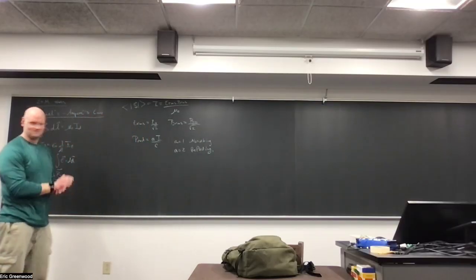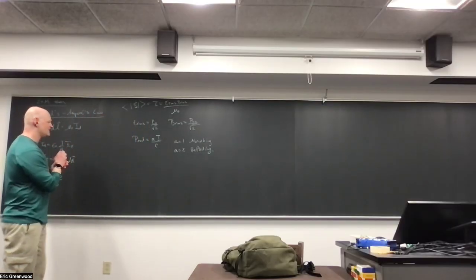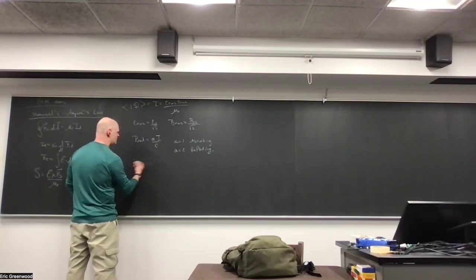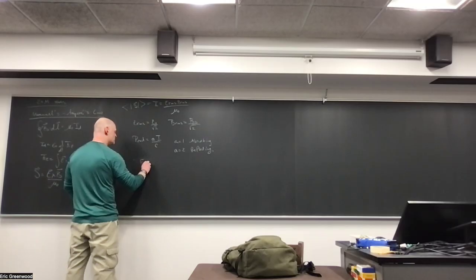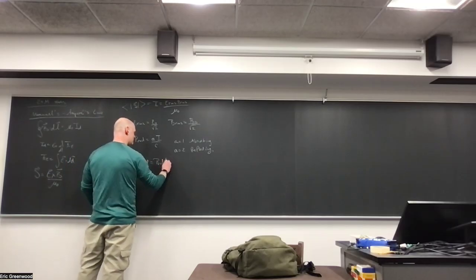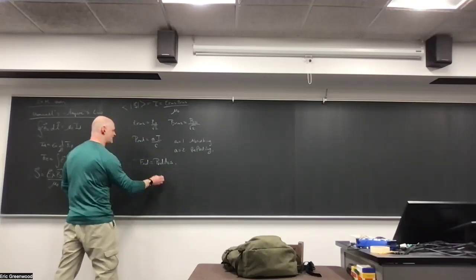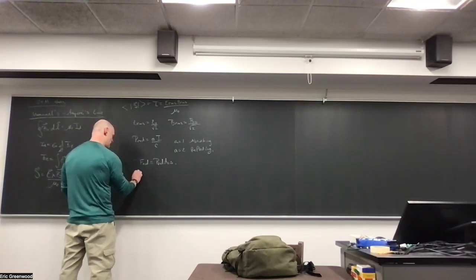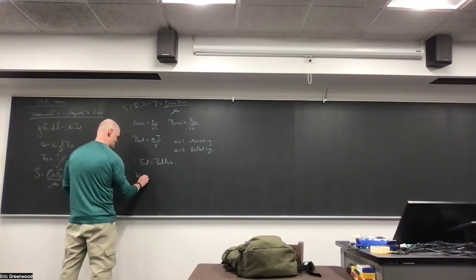So that's that. And then the last thing we did was polarization. Well, actually, let me do this first. Radiation force is equal to the radiation pressure times the cross-sectional area of the object. We do that first. And then, right, polarization.